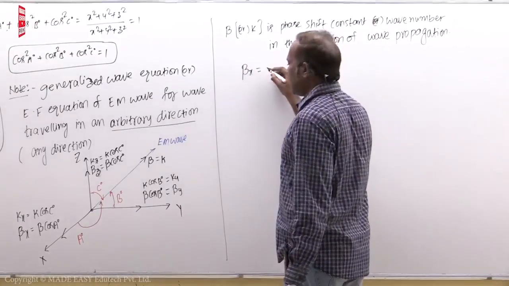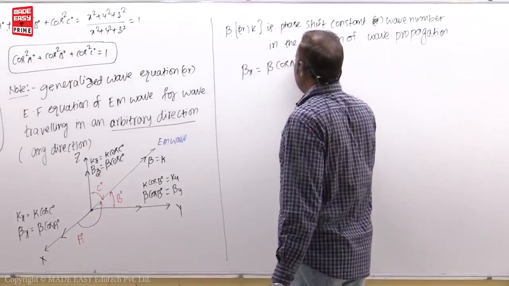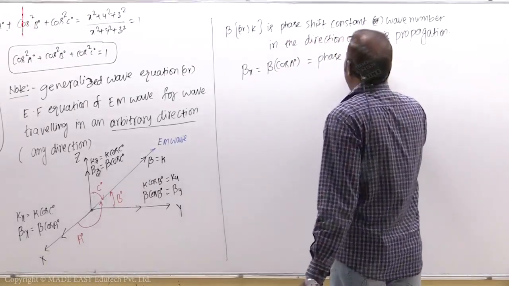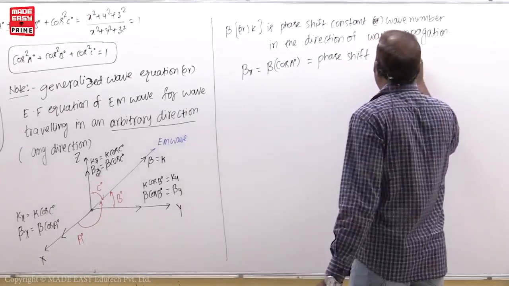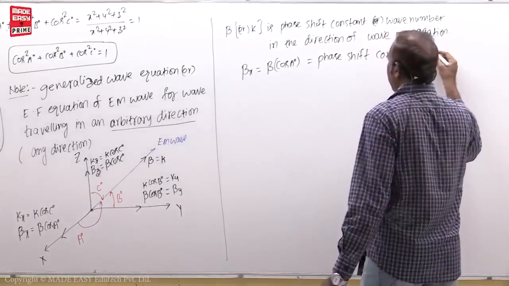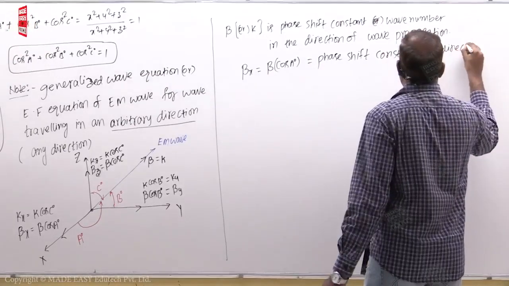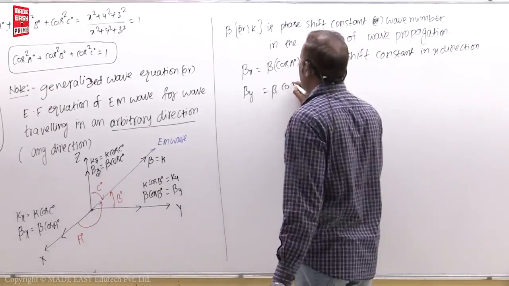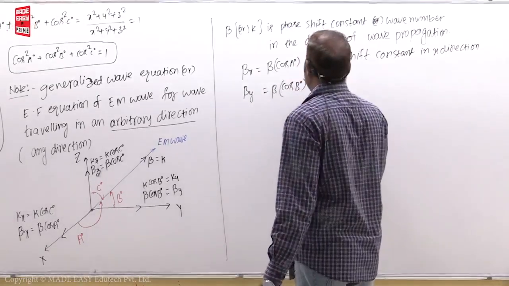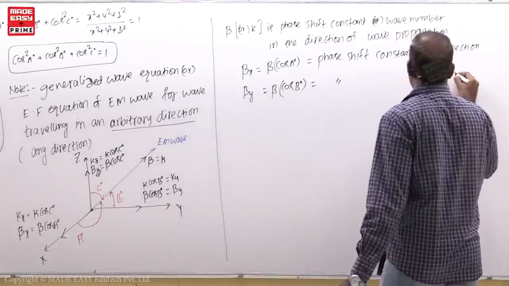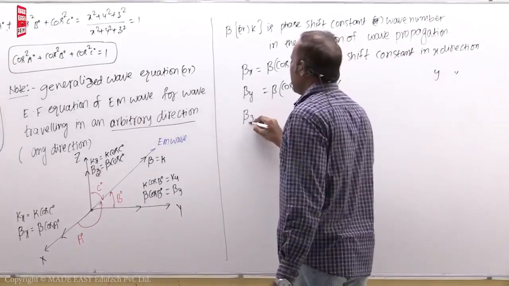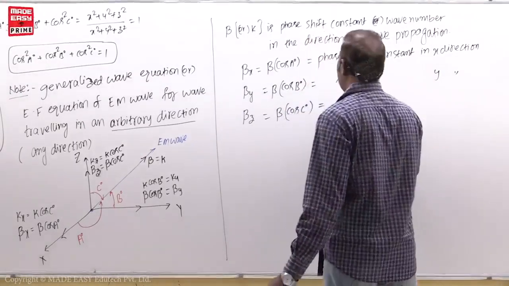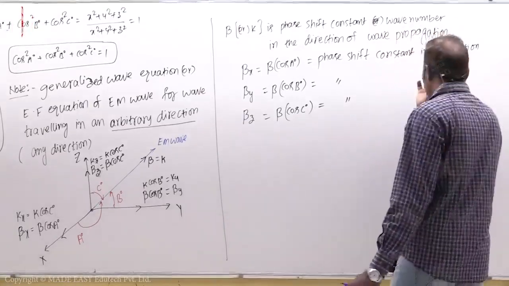Now beta x is nothing but beta cos a degrees, that is the phase shift constant in the x direction. Beta y is equal to beta into cos b degrees, that is the phase shift constant in the y direction. Beta z is equal to beta into cos c degrees, that is the phase shift constant in the z direction.